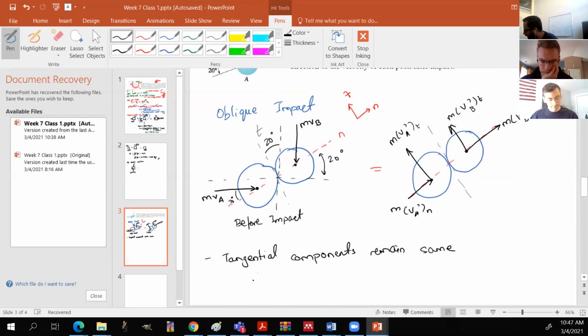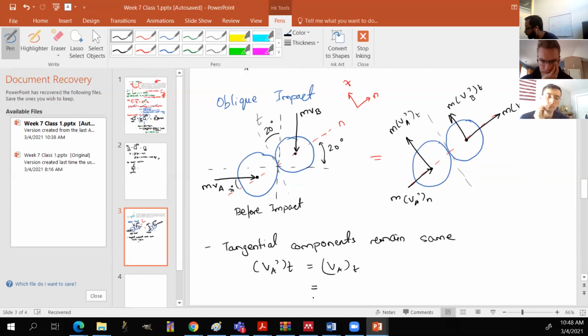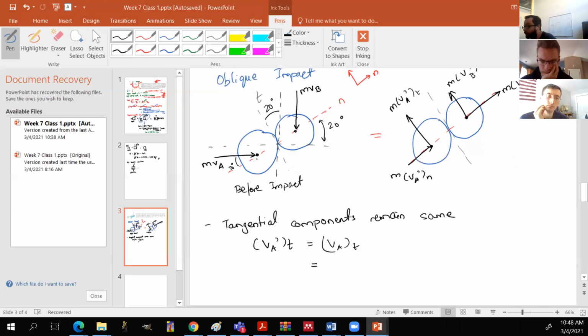So that means VA prime t, the tangential component for A, is going to equal whatever your tangential component for this one is. And this one, we know that it's going to be VA. If you take the component out like that and like that, the tangential component is going to be negative. So that's going to be VA.